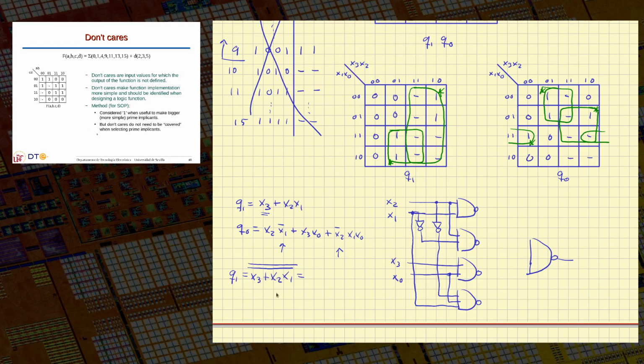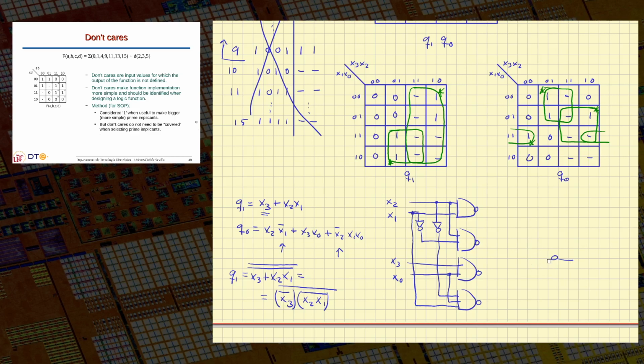Okay, so this is equal to x3 complemented multiplied by x2 x1 complemented, and everything else is complemented. You see, I have a NAND operation here, a NAND operation to do the addition of everything, and I have to complement x3 as well.